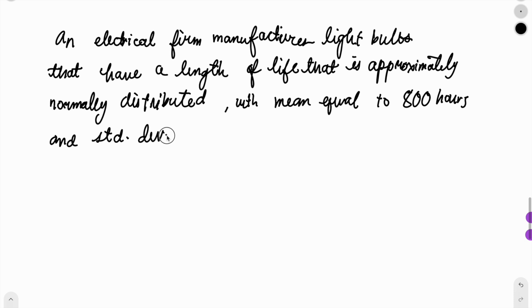Standard deviation of 400 hours? It should be 40.